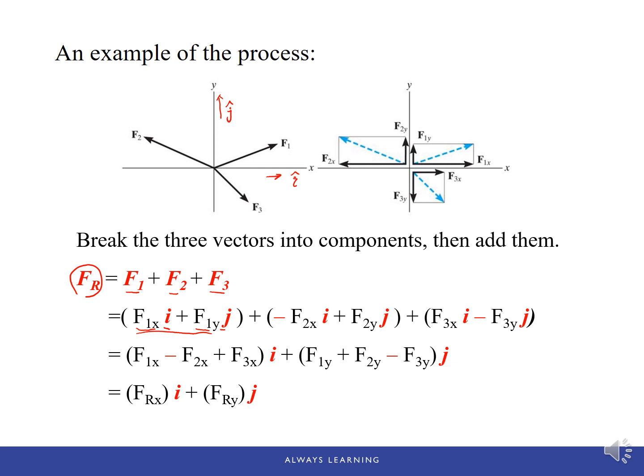And same thing for the force vector F2 and the force vector F3. Then we're going to add all the i hat terms together. So this becomes the x component of the resultant force. And the sum of the j hat terms becomes the y component of the resultant force.